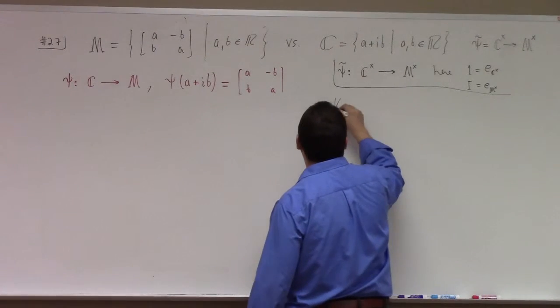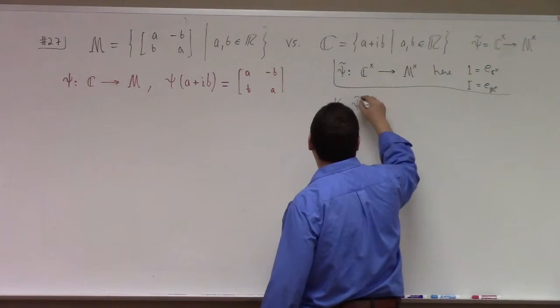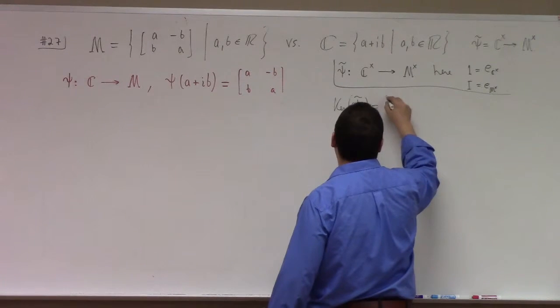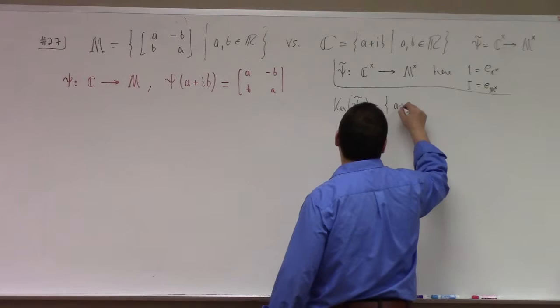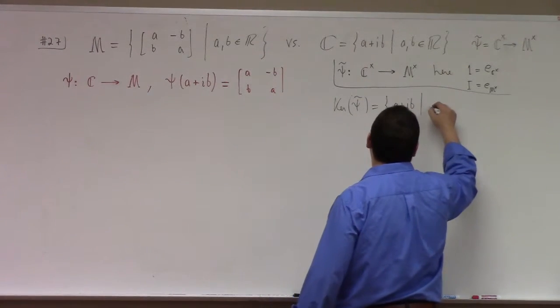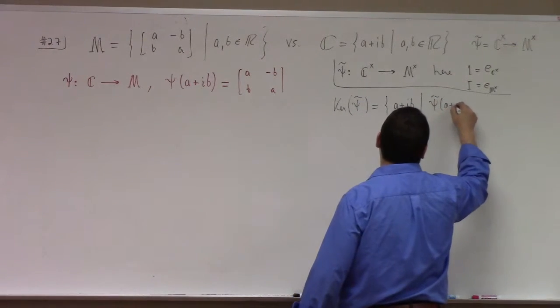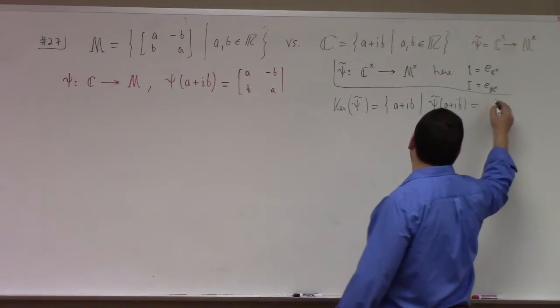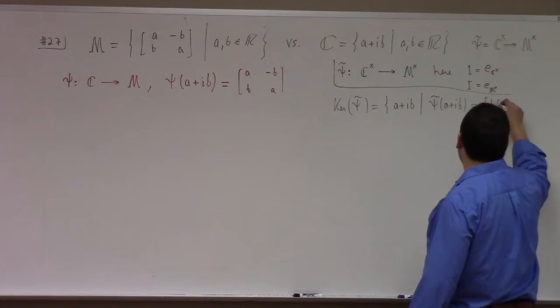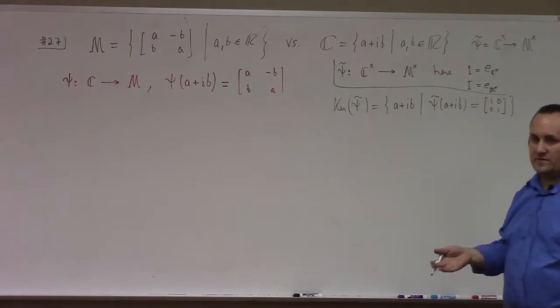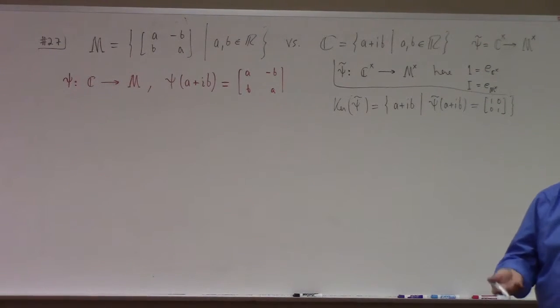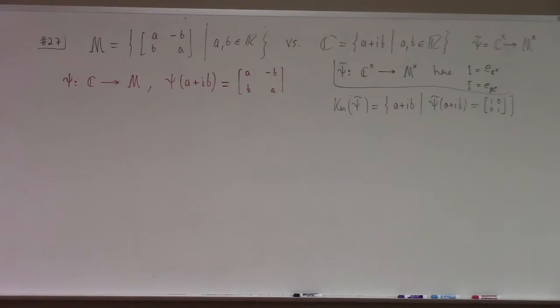So the kernel of psi tilde would be what? This would be a plus ib such that psi tilde of a plus ib is equal to the identity matrix. See, that's the identity here. So the kernel is a different thing. The additive kernel and the multiplicative kernel are different.